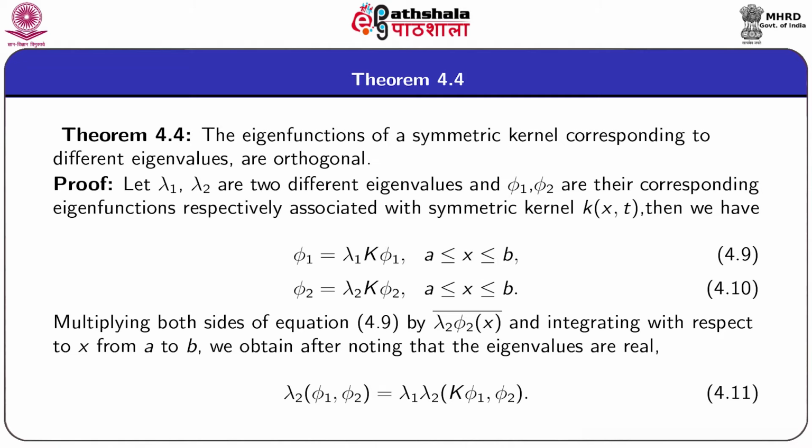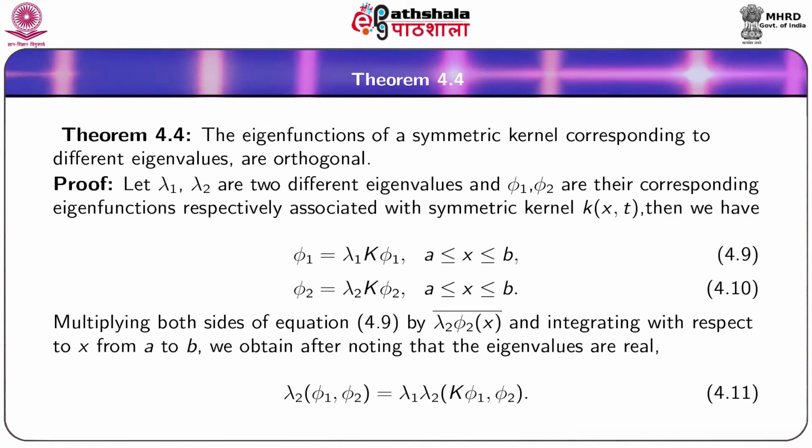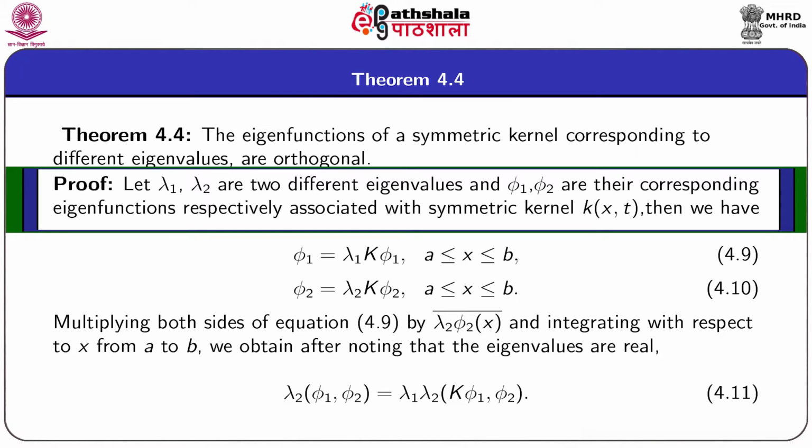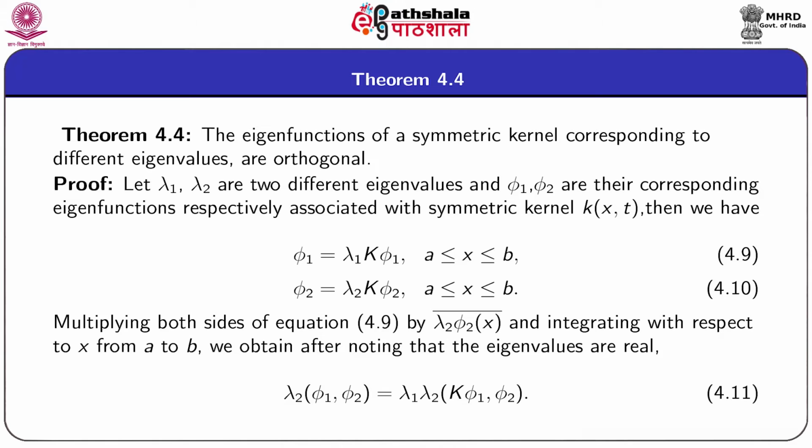Next we come to the fourth property, that is theorem 4.4, which states that the eigenfunctions of a symmetric kernel corresponding to different eigenvalues are orthogonal. For proof, we assume that lambda 1 and lambda 2 are two different eigenvalues and phi 1 and phi 2 are their corresponding eigenfunctions respectively, associated with the symmetric kernel K(x,t).